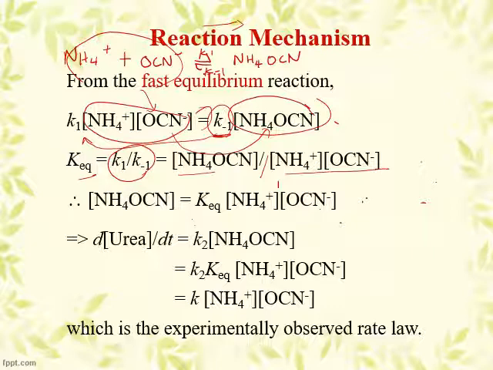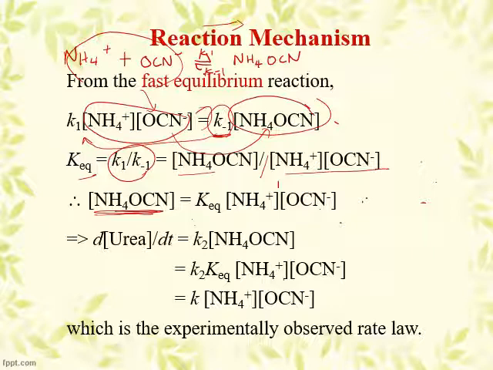Now we want to replace the intermediate in the rate law deduced from the slow step just now, because it shouldn't be in the rate law. So we have to find what NH4OCN is to replace it in the rate law. We put this on one side and the rest on the other side.